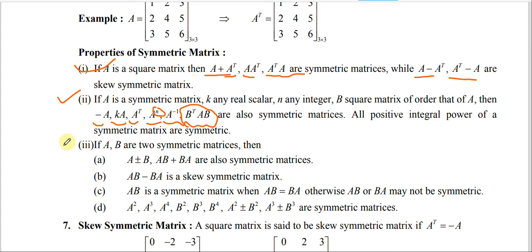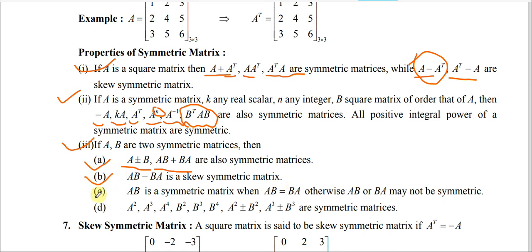If A and B are two symmetric matrices, then its plus and minus will also be a symmetric matrix. No, here it was a transpose, so it was skew symmetric, but when two matrices are there and both are symmetric, then the sum AB plus BA will be a symmetric matrix, and the difference AB minus BA will be a skew symmetric matrix.